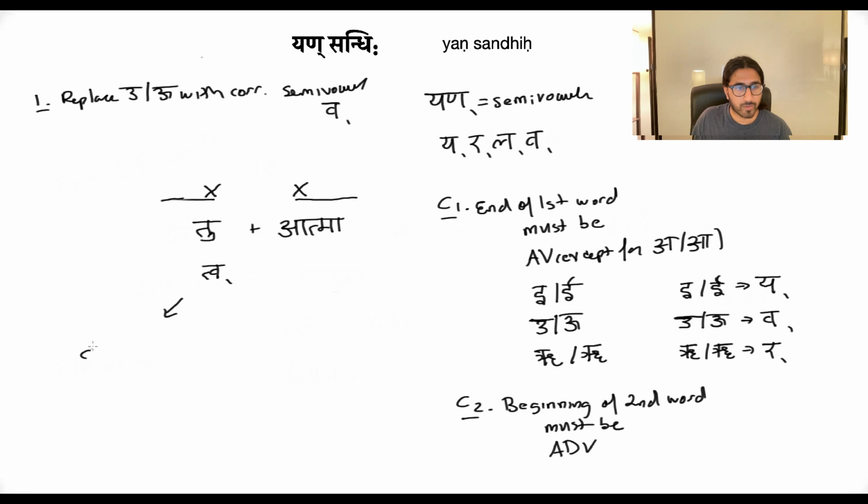How is this happening microscopically? Well, remember we have tu. What does tu consist of? Tu consists of ta, cut off, plus u. So now you're replacing the u with the va. Here this forms a conjunct consonant, and that becomes tv. So here you have tv, and then what's the second step?